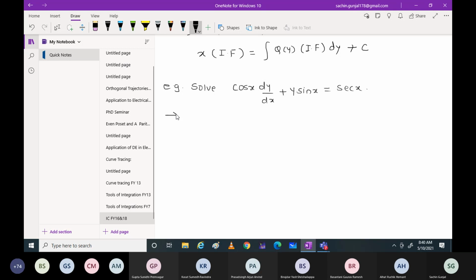Now, obviously, one has to observe the differential equation and then apply methods. So, is it variable separable? Can you separate terms of x with dx and terms of y with dy? No, sir. Okay. Now, again, you will go to the homogeneous part. Is it homogeneous?